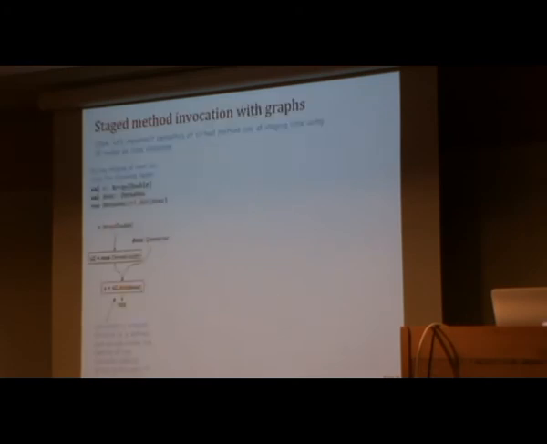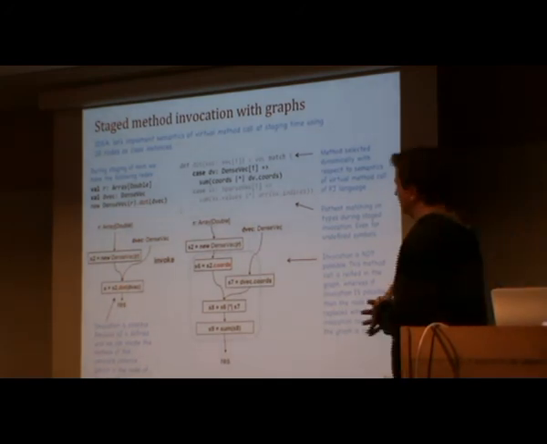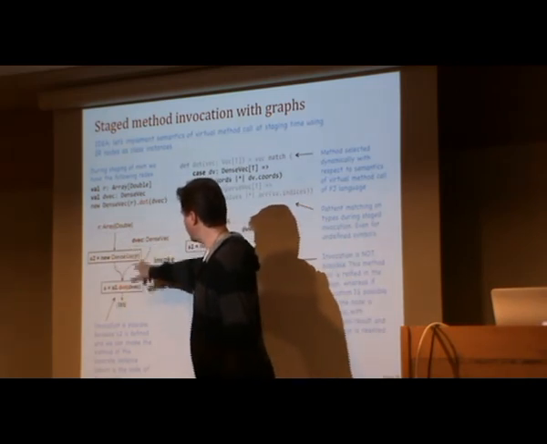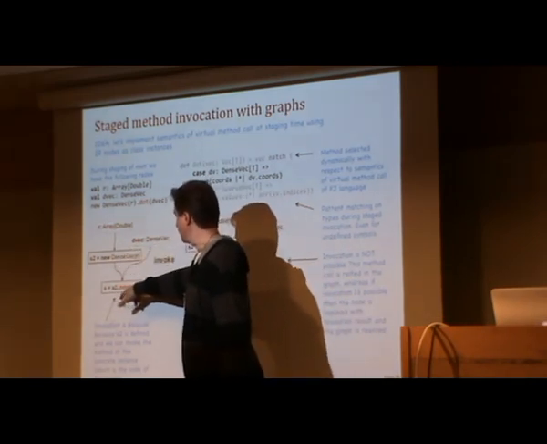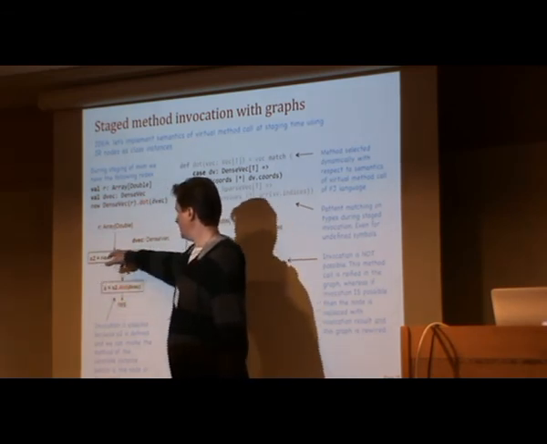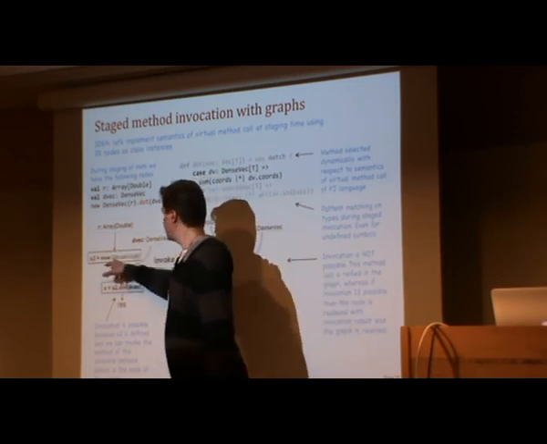And the final slide is how it works. So it works with a graph, and the key point is here. When we have in the graph some method call, this call just follows the semantics of a virtual method call in this language.